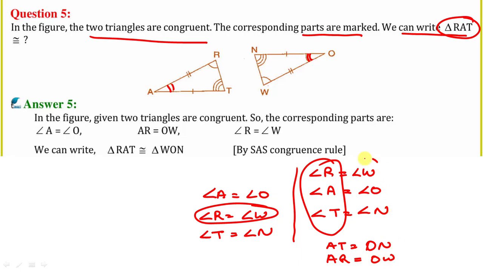So triangle RAT is congruent to triangle WON.